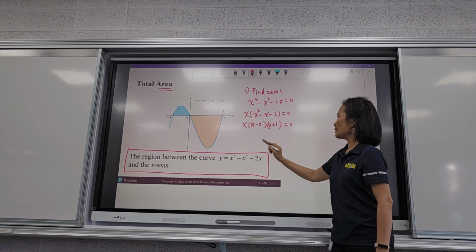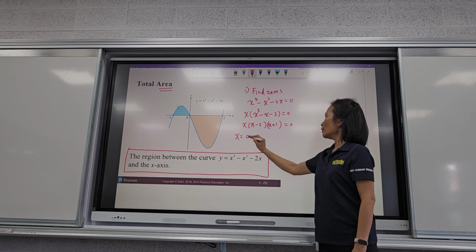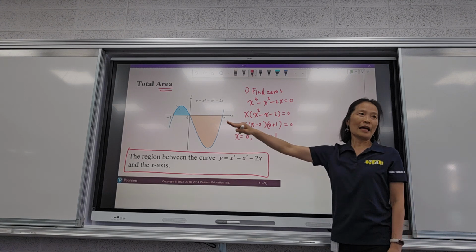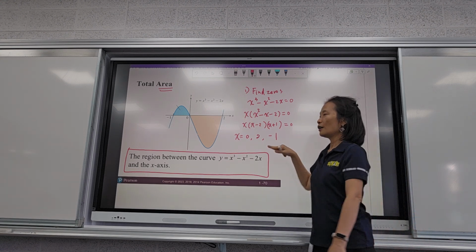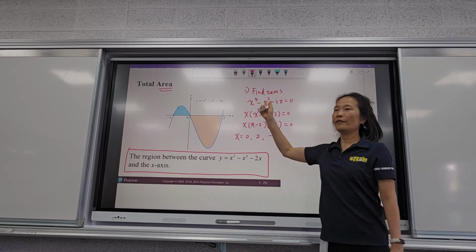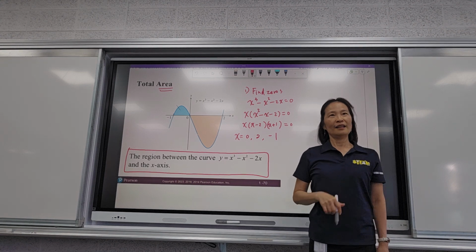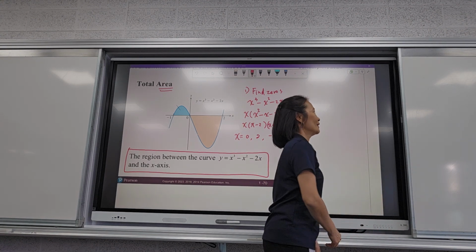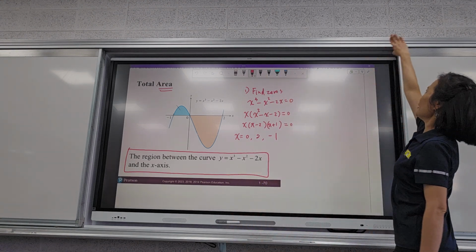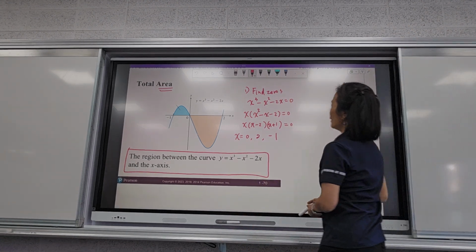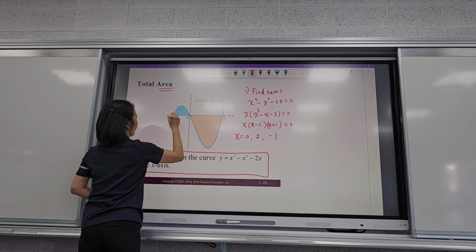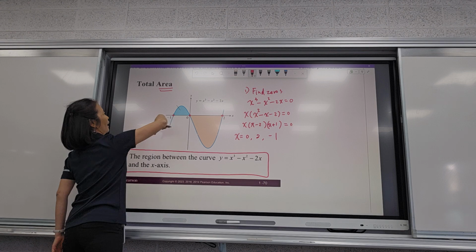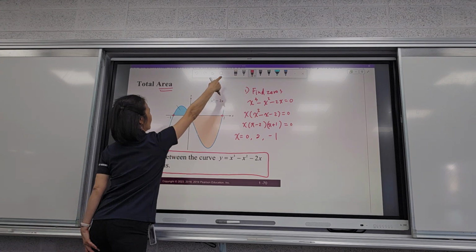There you go, I have 3 zeros, okay? 0, 2, negative 1. Then you can sketch. And think about what the cubic function looks like with the leading coefficient positive. This, right side up. So when you plot your zeros, I need to go up and down and up.